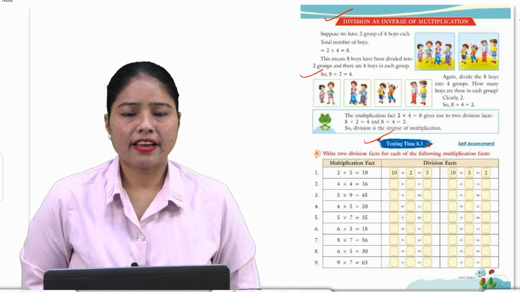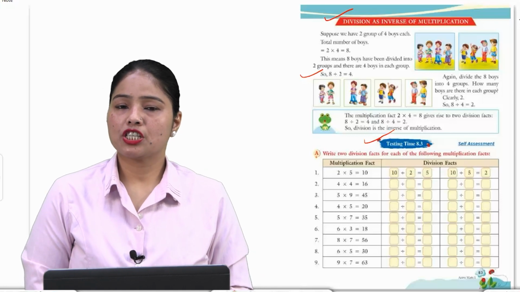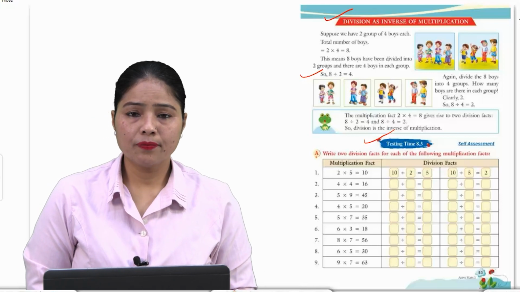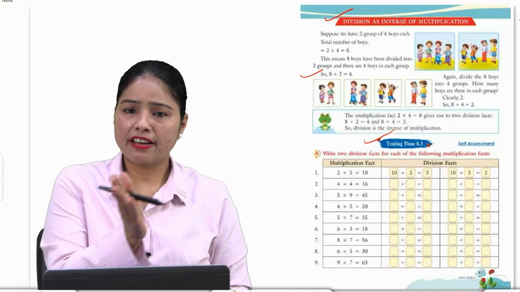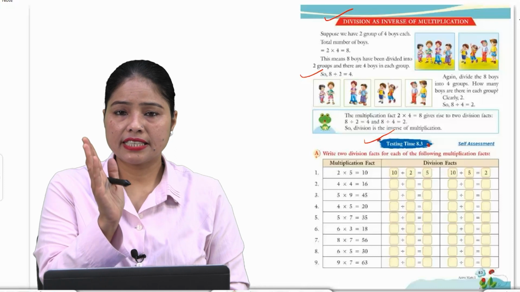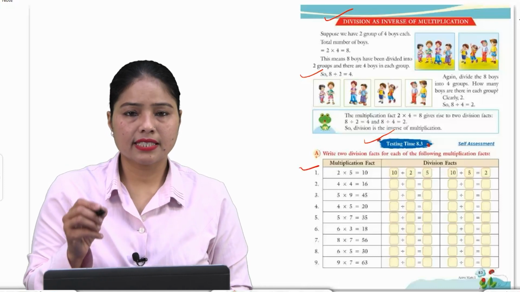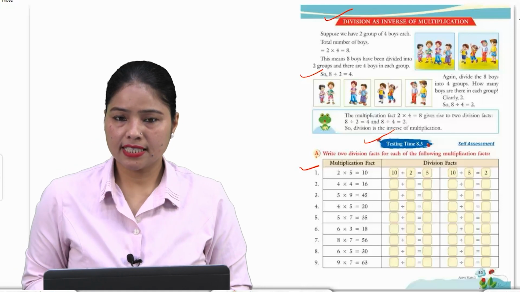Write 2 division facts for each of the following multiplication facts. Multiplication fact: 2 into 5 is equal to 10. So 10 divided by 2 you will get 5, and 10 divided by 5 you will get 2. Like this. Similarly, 4 4s are 16.